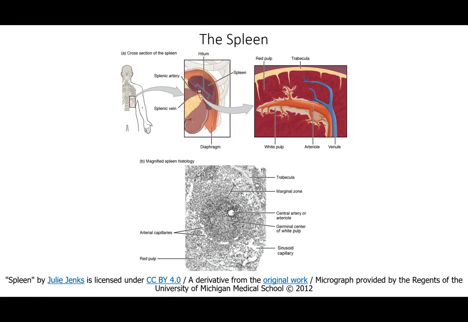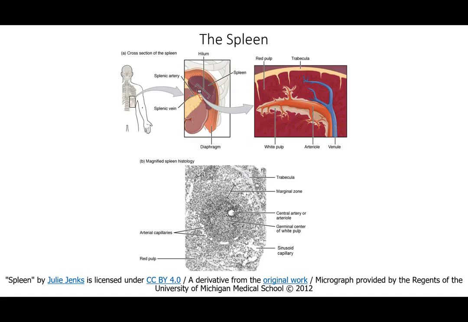This is also going to be made up of a lot of that reticular fibers and dense irregular connective tissue. We're also going to have this divided into nodules as well, just like a lot of other organs. But we are getting a lot of blood flow into the spleen, and I mean a lot of blood flow into the spleen. So it enters via the splenic artery.